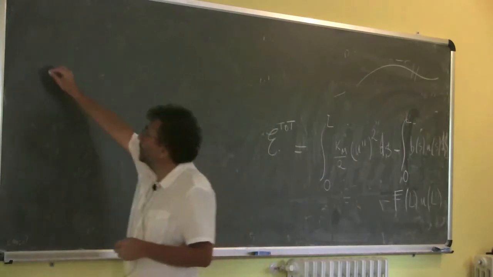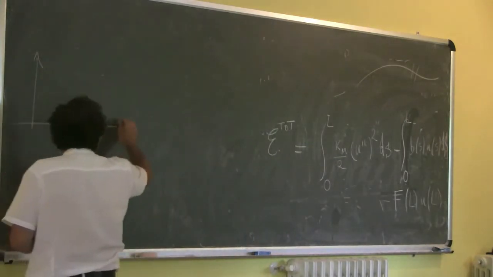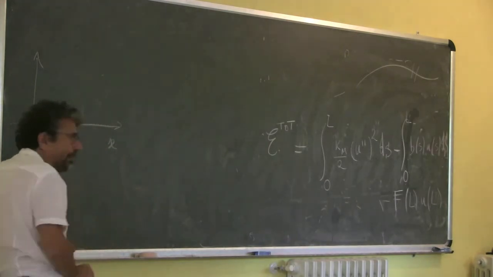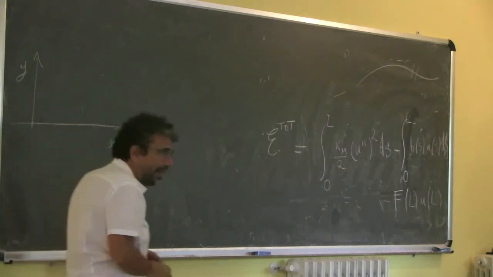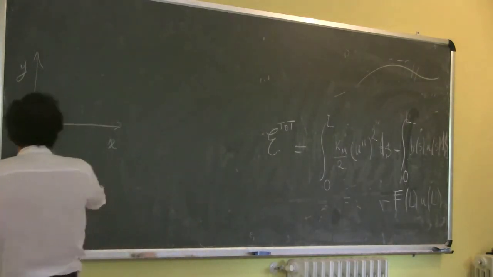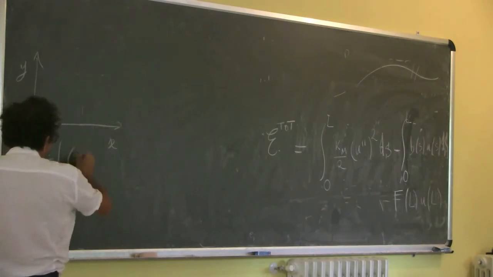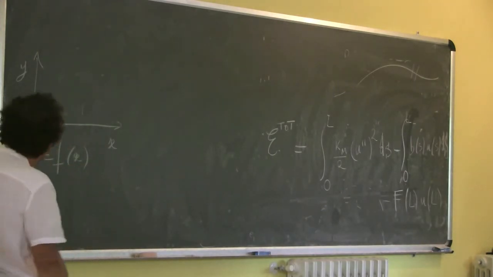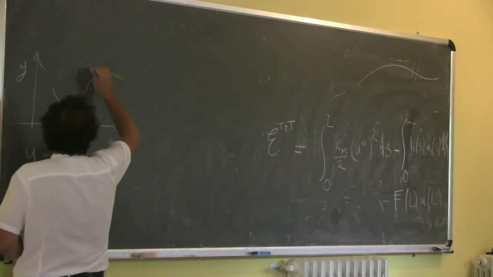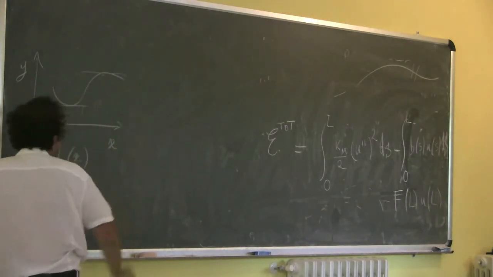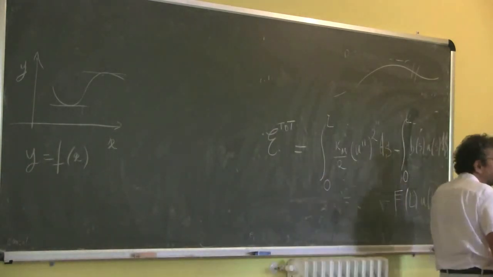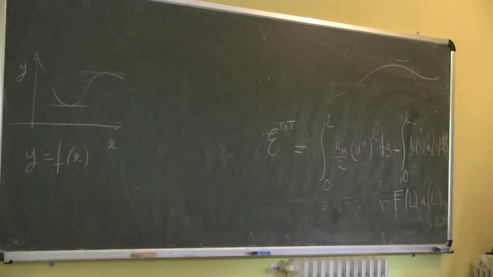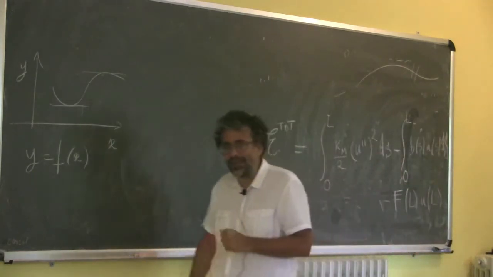In general, you have a function, the independent variable is x, the dependent variable is y, you have that y is f of x, and then you say minimum or maximum are such that the first variation of the function is 0 in the neighborhood of minimum or maximum. Let us try to understand this better.